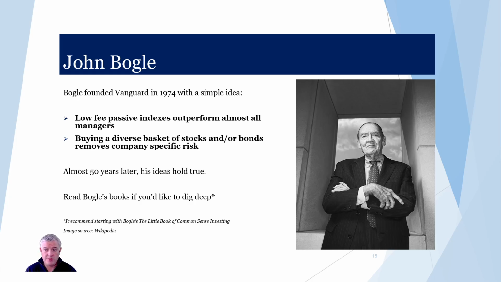And almost 50 years later, his ideas pretty much still hold true. He actually wrote a book about this that's a good read. It's fairly layman friendly. He's not alive, and Vanguard doesn't pay me to say this, but the book is called The Little Book of Common Sense Investing. If you want to read that, it can really dig into his philosophy.